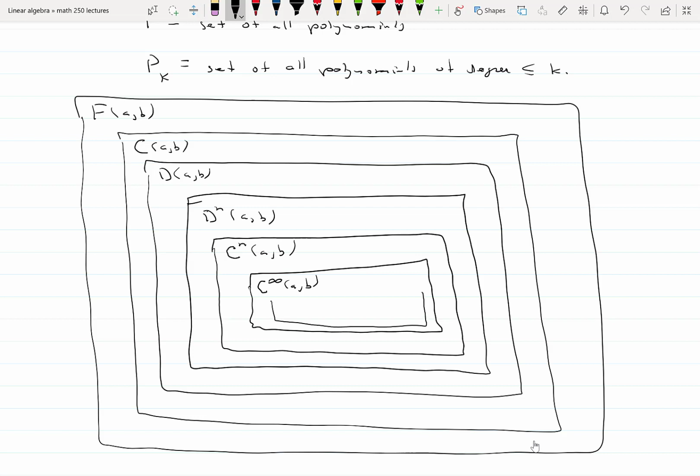And inside there, some of those are polynomials, like 1 plus x squared plus x cubed minus 3x to the fourth, that kind of thing. And some of those polynomials are of degree less than or equal to k. So the smaller the set, the more restricted a version of the original vector space F[a,b] we get.